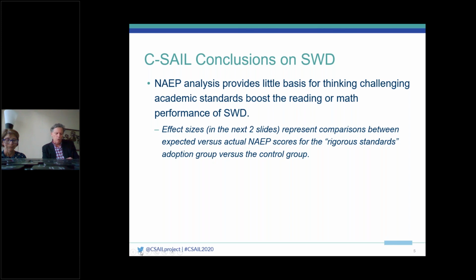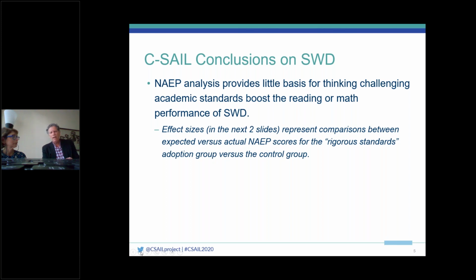So for each group, we were looking at an expected change in performance versus their actual change, and we were expecting greater positive change for students with disabilities in states that had adopted college and career-ready standards in 2010.